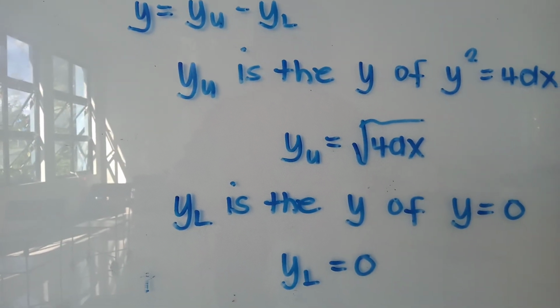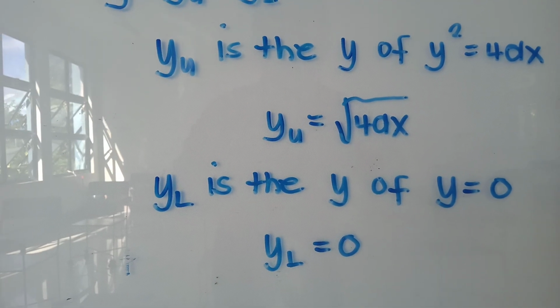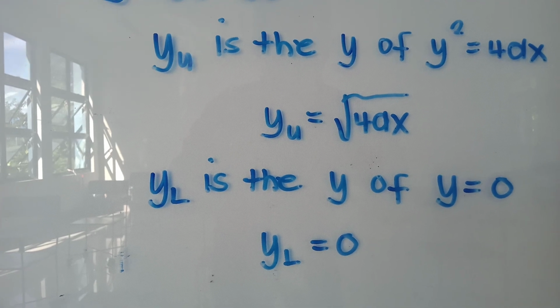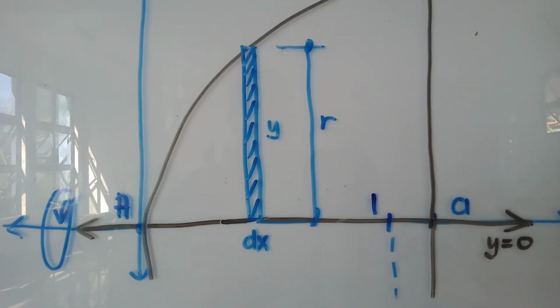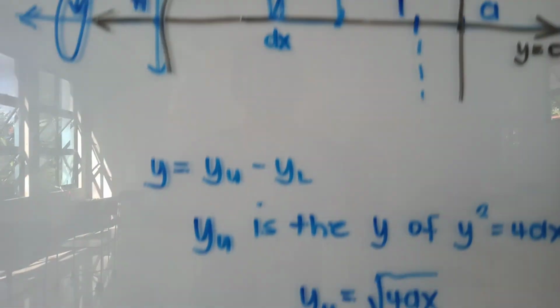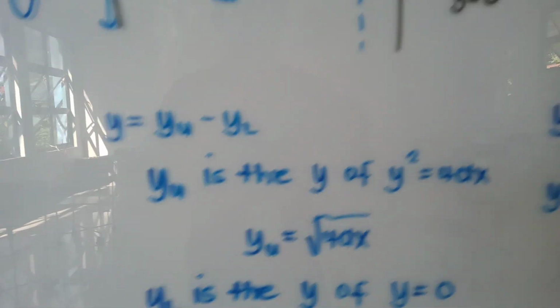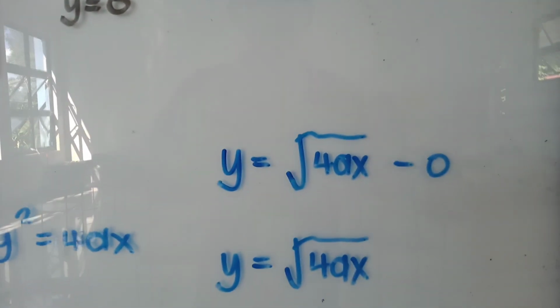The lower value of y, which is the y of the boundary at the bottom, is y equals 0. So therefore y is there.